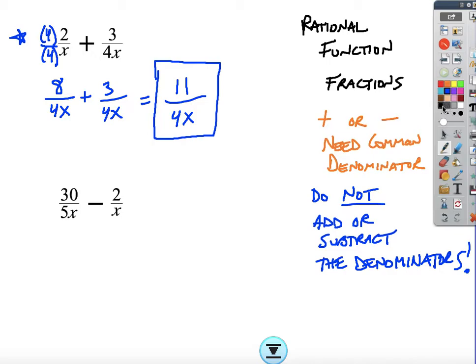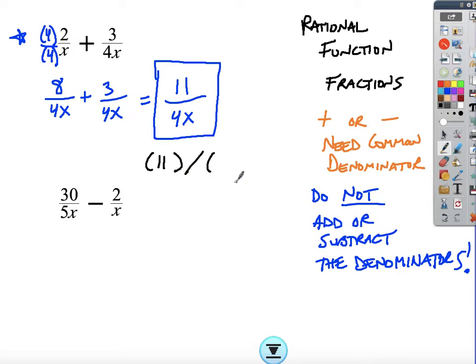Now, on today's Google form, you're going to have to write this on the Google form on the computer. So here's how I'm going to want you to write it. I want you to put parentheses around the top stuff. So that would be parentheses around 11. And then you're going to have the little slash.